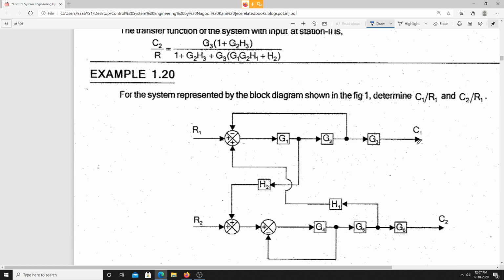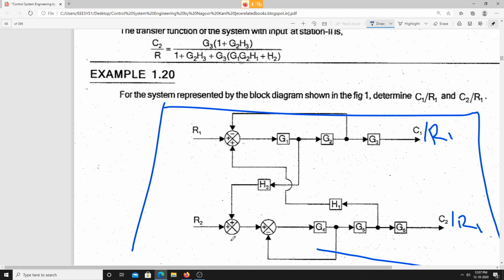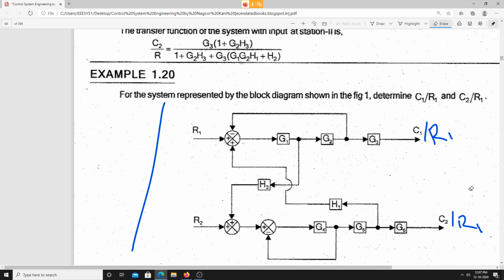We are supposed to determine C1 by R1 and C2 by R1. So this is the block diagram we are having. Is it clear? So first of all, what am I supposed to do here? How can I represent this C1 by R1?